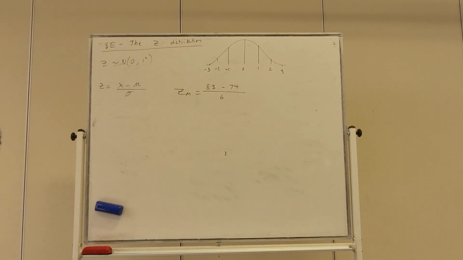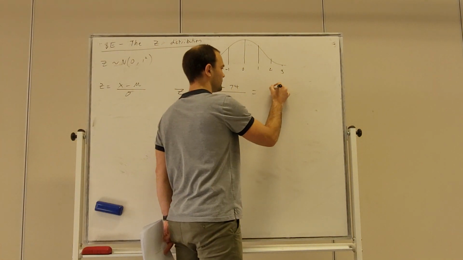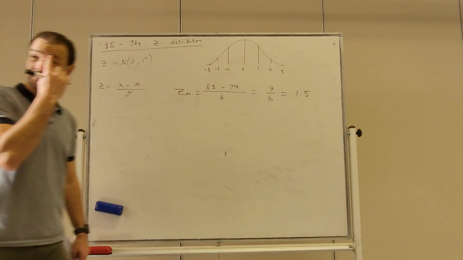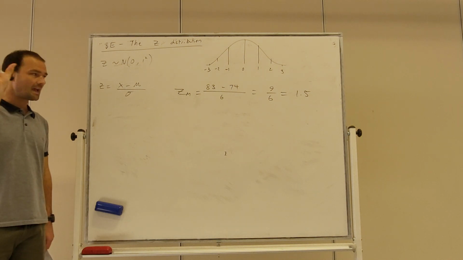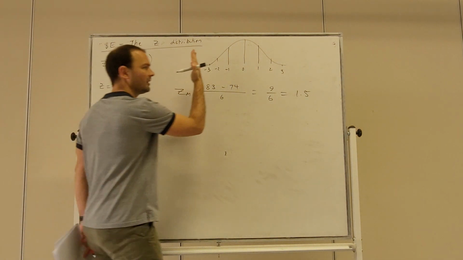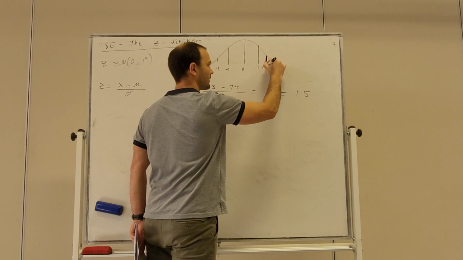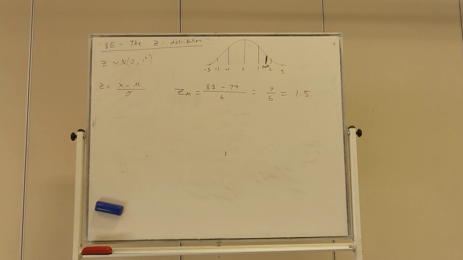And so all we're doing is evaluating that. 83 take 74 will be 9, divided by 6, 1.5. He has a Z score of 1.5. What that means is the result that he obtained in the maths test is 1.5 standard deviations above the mean. This is where he performed for maths, okay? Relative to the rest of the distribution, relative to the rest of the class.